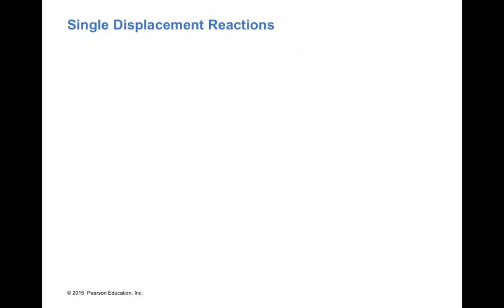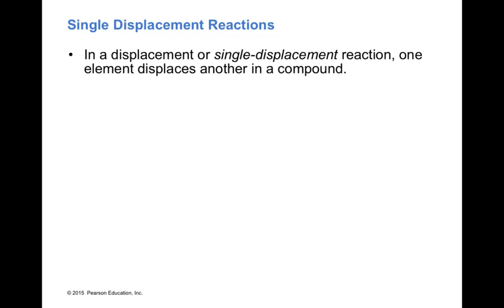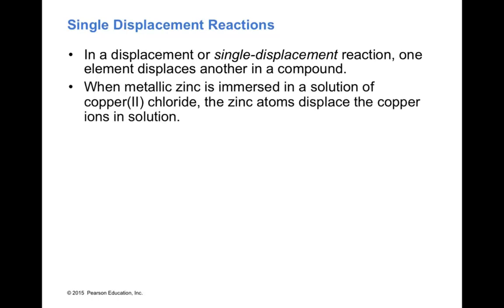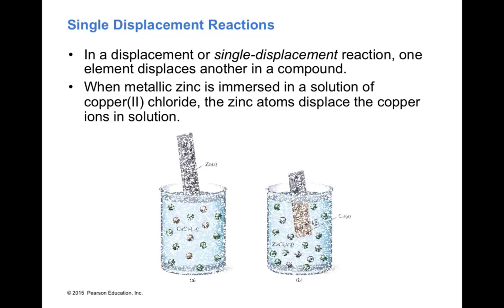The other one was the single displacement, and in this one, in the displacement or single displacement reaction, one element displaces another to form a new compound. We can have, for example, this metal zinc when it's immersed in a solution of copper chloride. The zinc atoms displace the copper ions in solution.